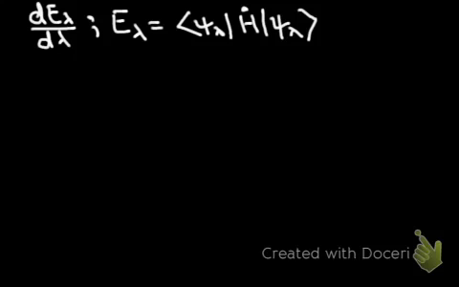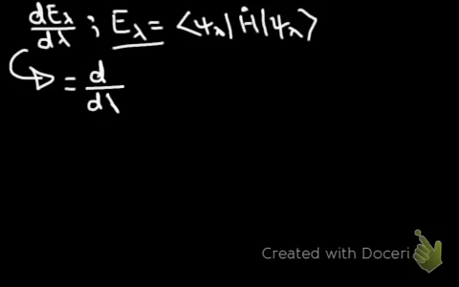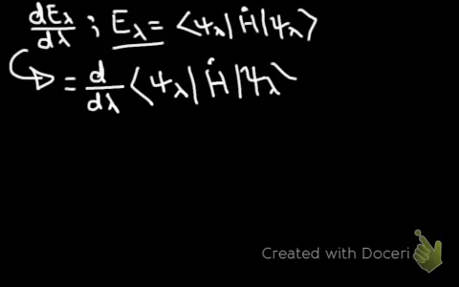So let's simply apply the derivative operator to this E lambda, and I'll do that over here. It will be simply equal to d over d lambda of psi lambda, Hamiltonian, psi lambda.